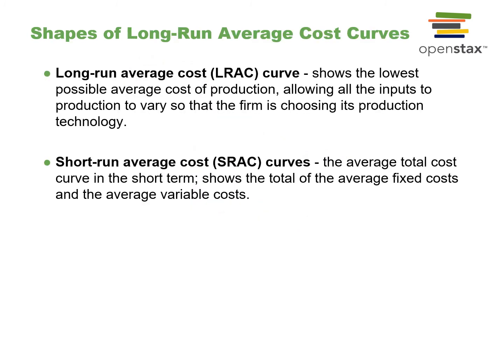Shape of long-run cost curves. The long-run cost curve shows the lowest possible average cost of inputs, and the short-run cost curve shows the average total cost curve in the short run.